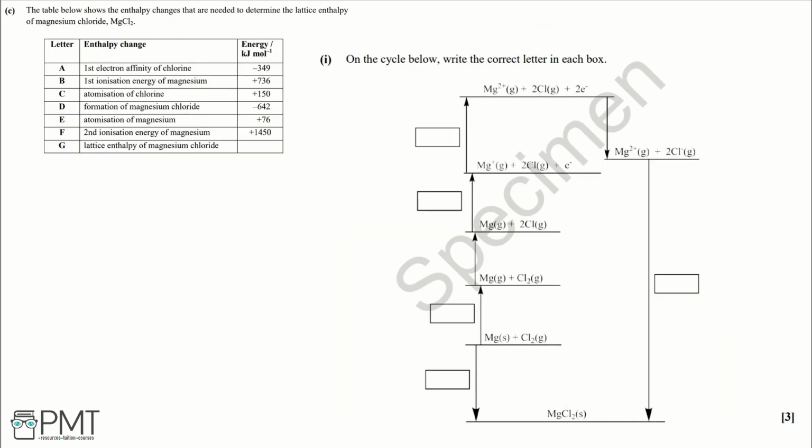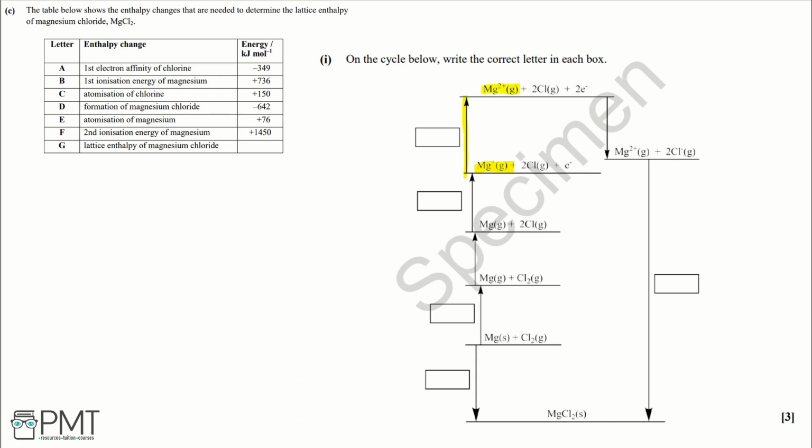Part C. The table below shows the enthalpy changes that are needed to determine the lattice enthalpy of magnesium chloride. Part 1. On the cycle below, write the correct letter in each box. Okay, let's start with this arrow. What's happening is Mg+ gas is going to Mg2+ gas.